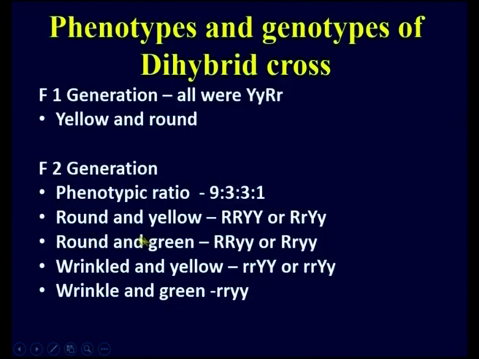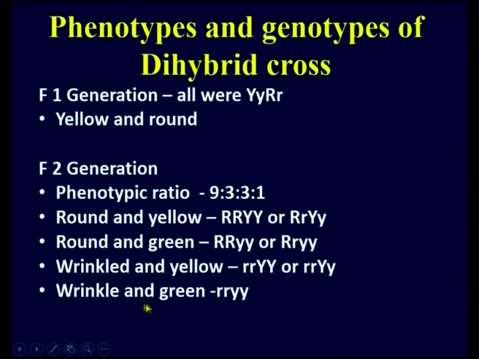We write dominant nature as capital R and capital Y for yellow color. We get round and yellow, round and green, wrinkled and yellow, and wrinkled and green. These are the four combinations we get. So the phenotypic ratio, appearance wise, is 9:3:3:1. For the dihybrid cross, we are not studying the genotypic ratio, we will study that in the higher classes, but the phenotypic ratio of dihybrid plants is 9:3:3:1.